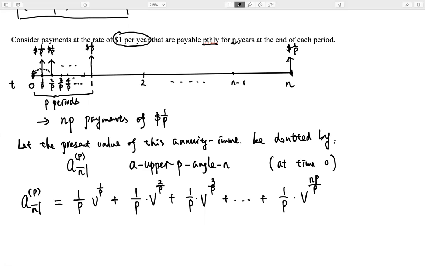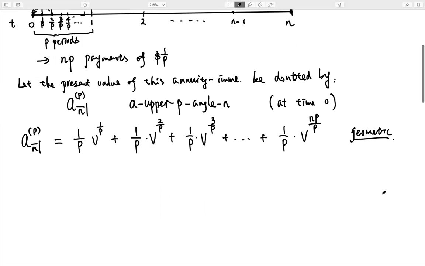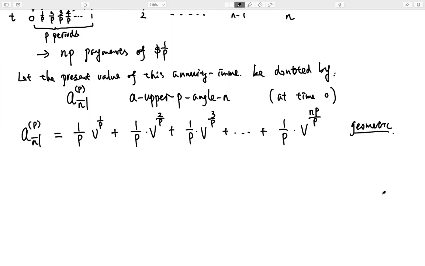So what can you see? This is nothing but a geometric series. I can factor out 1 over P if I want. Then it's a geometric series with a common ratio. So it's 1 minus the common ratio in the denominator.